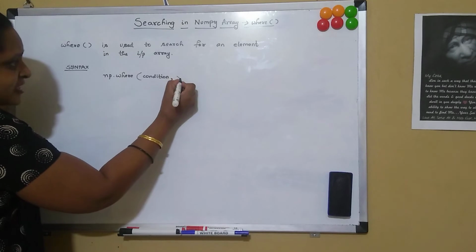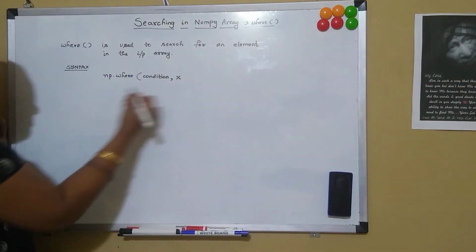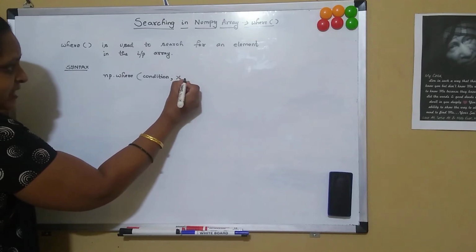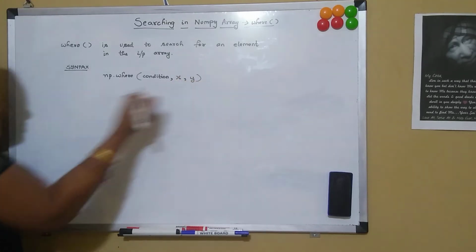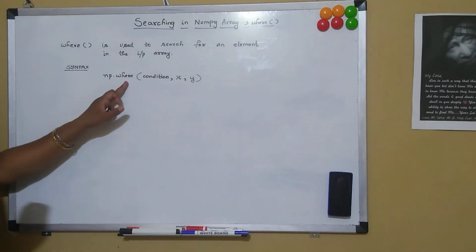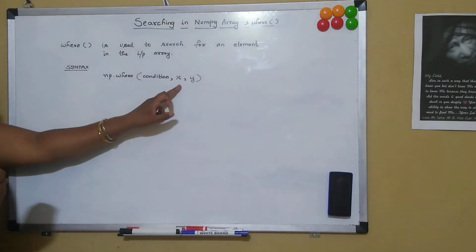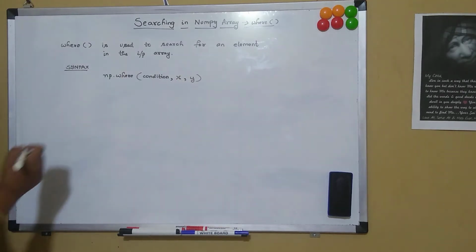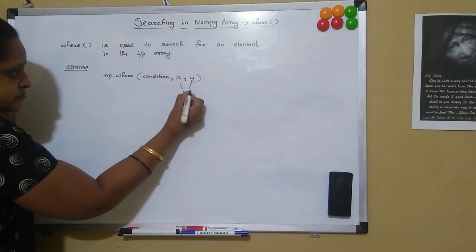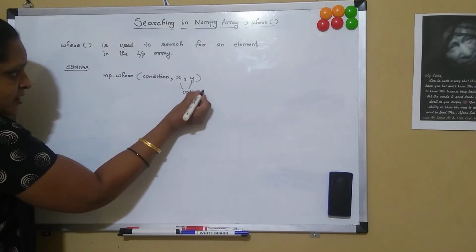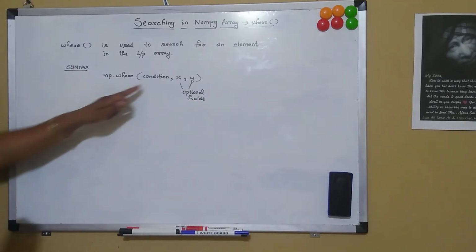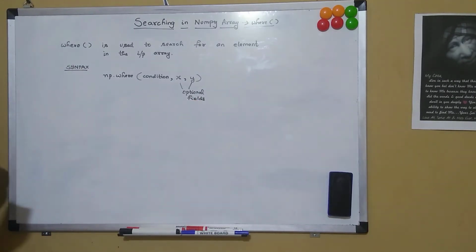And then we have x and y. So basically the syntax is np.where(condition, x, y). x and y are optional parameters. Condition is a mandatory parameter.